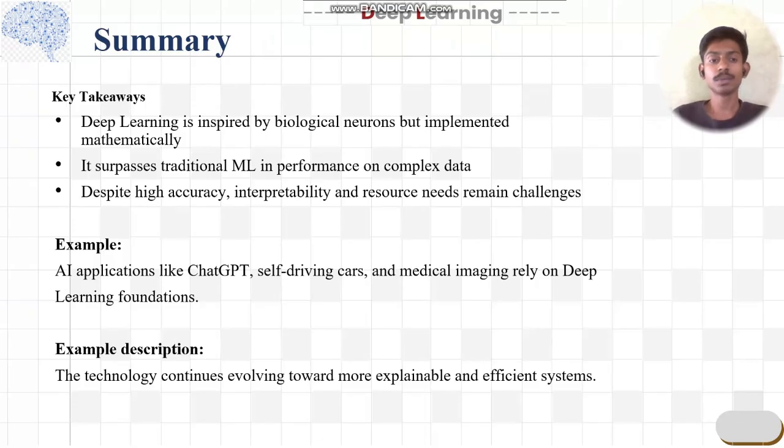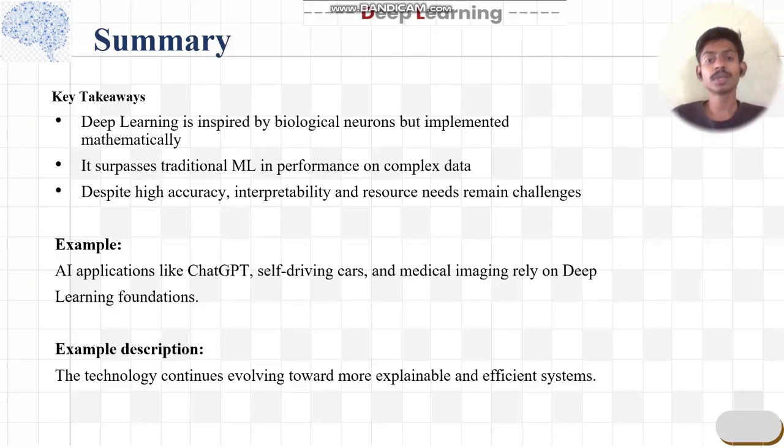Now we'll come to the summary of what we discussed so far. So again, the key takeaways would be: deep learning is inspired by biological neurons, but implemented mathematically. So even though the architecture follows a similar structure of neurons, the computation behind it is implemented by mathematical models only, and it surpasses traditional ML in performance on complex data.